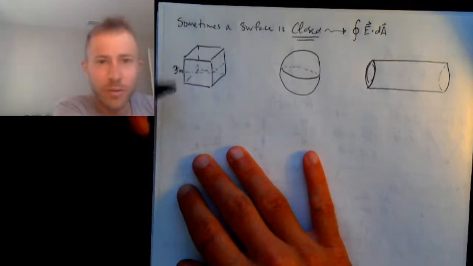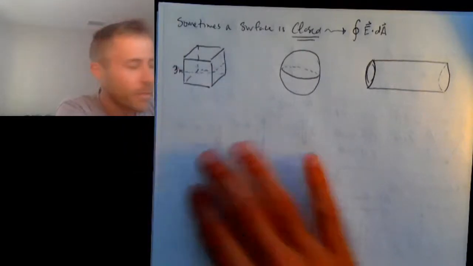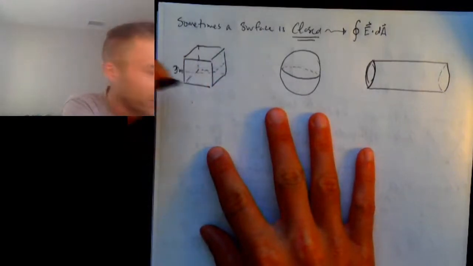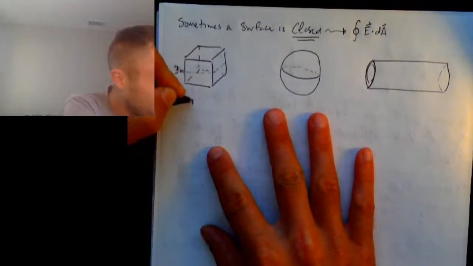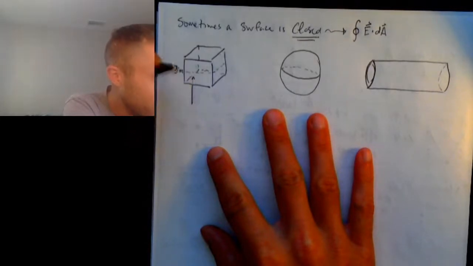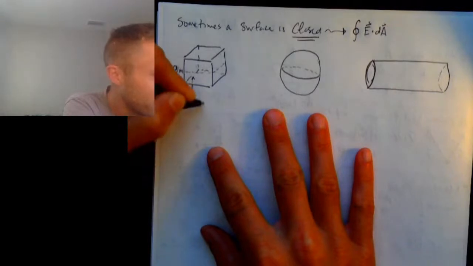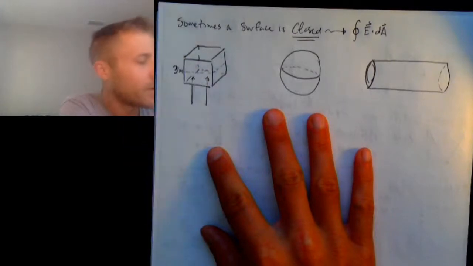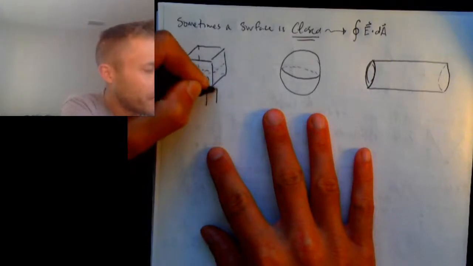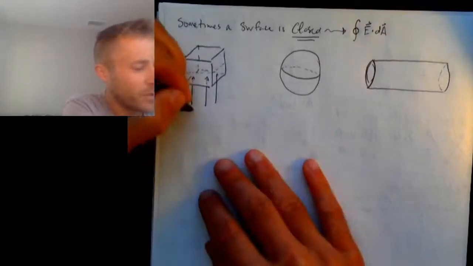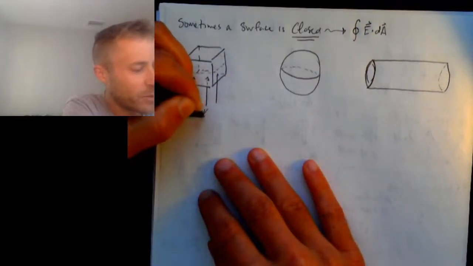So it's a 3 by 3 by 3 cube. And on the bottom half of the cube, the electric field has one strength. That strength is going to be 5 newtons per coulomb.